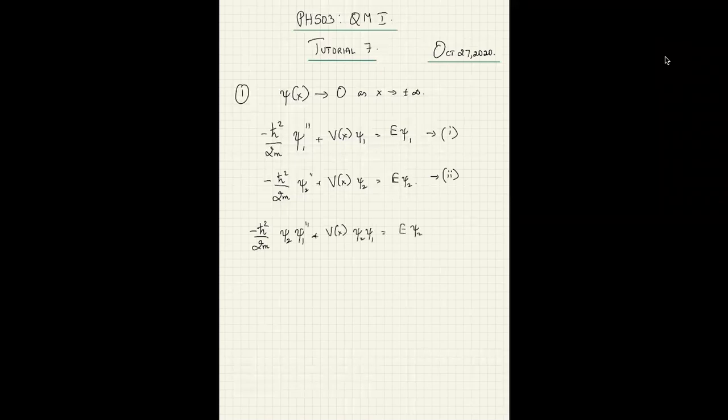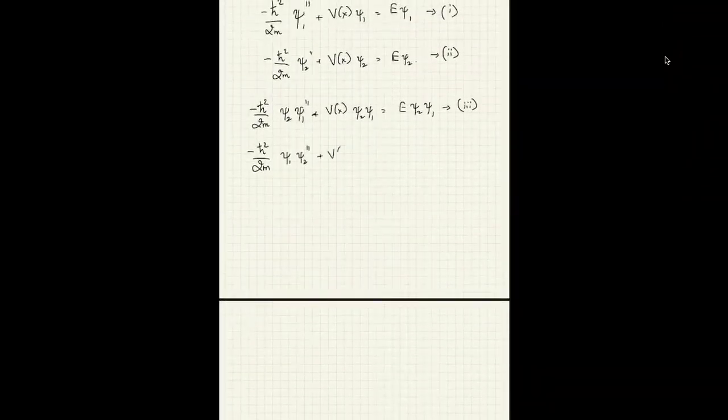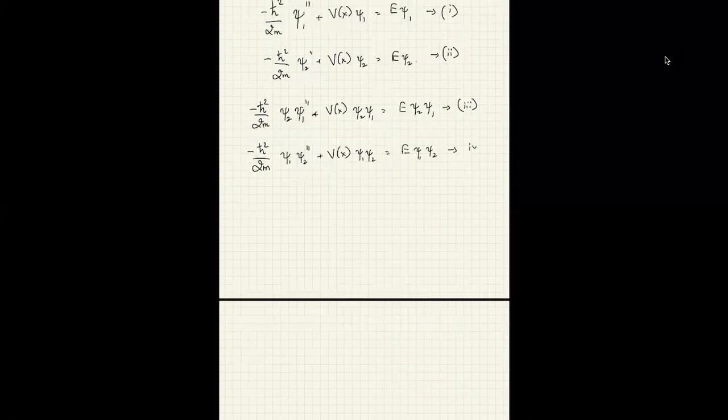This gives equation 3 and this is equation 4. So if you look at equation 3 and equation 4, and if I take the difference of these two equations, notice that the potential term and the energy term both drop out.